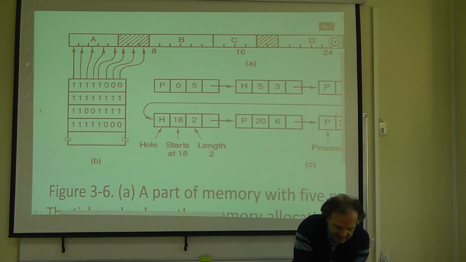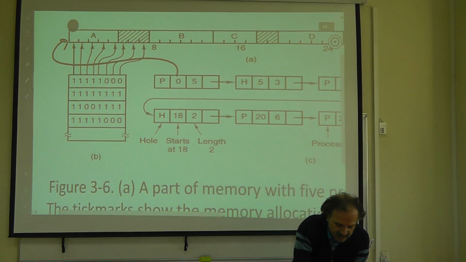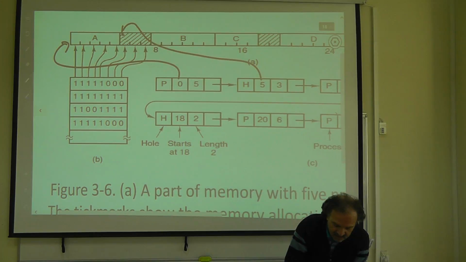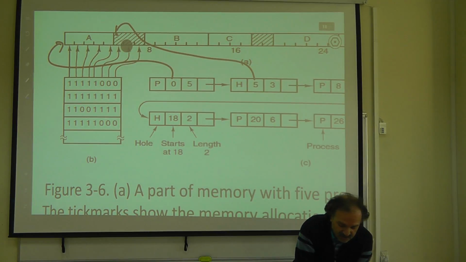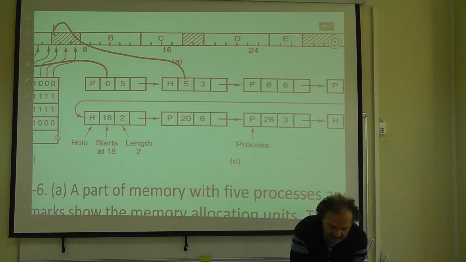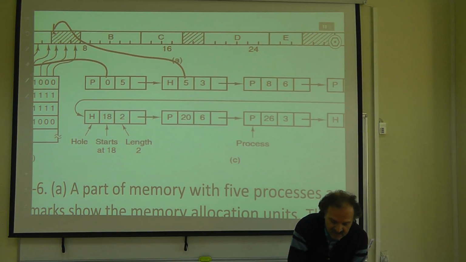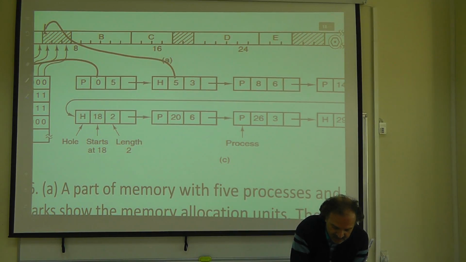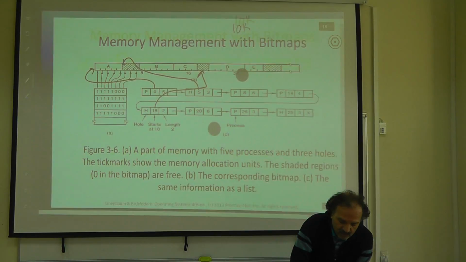This one says that, starting from 0, 5 allocation units, 1, 2, 3, 4, 5, are occupied by a process. Then starting from address 5, for 3 consecutive allocation units, there is a hole, it is available. Then I have a process from address 8, with 6 allocation units taken by a process. Then another process takes this space. Then I have a hole here, starting at 18.